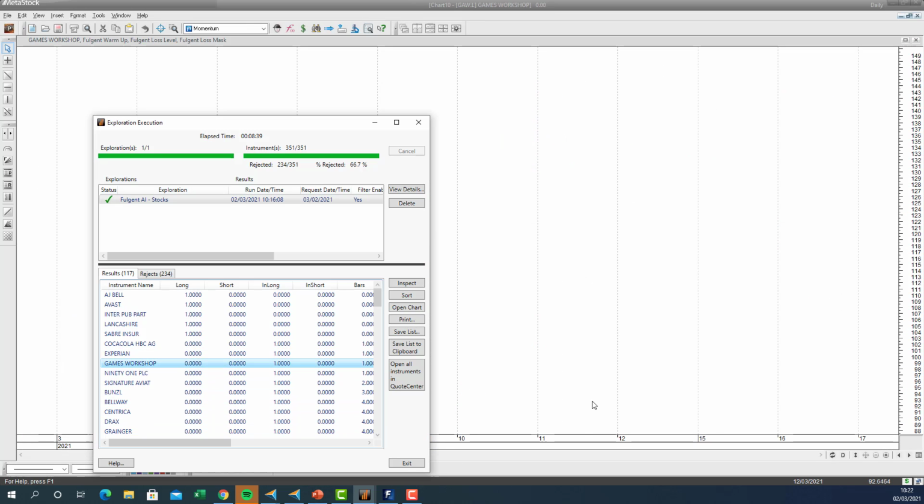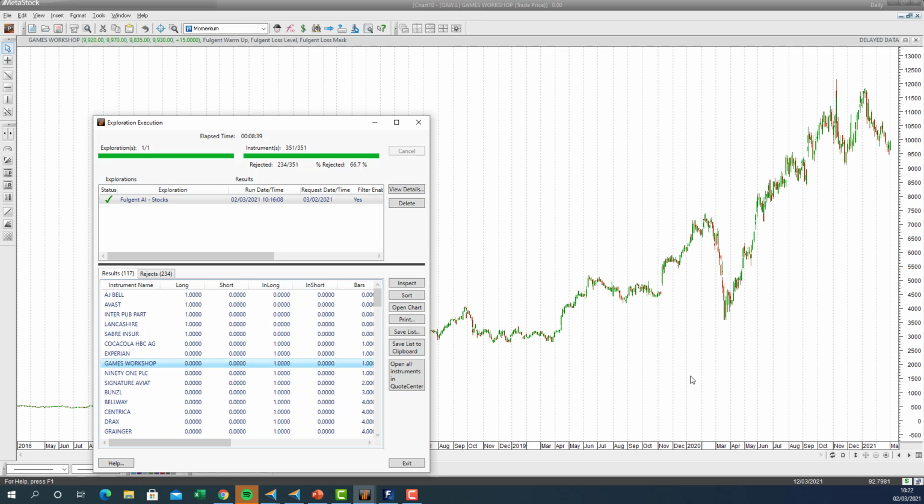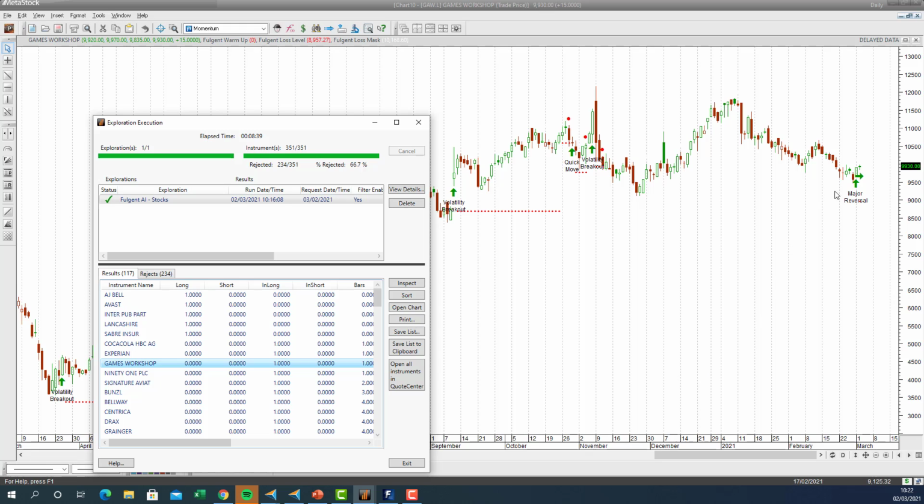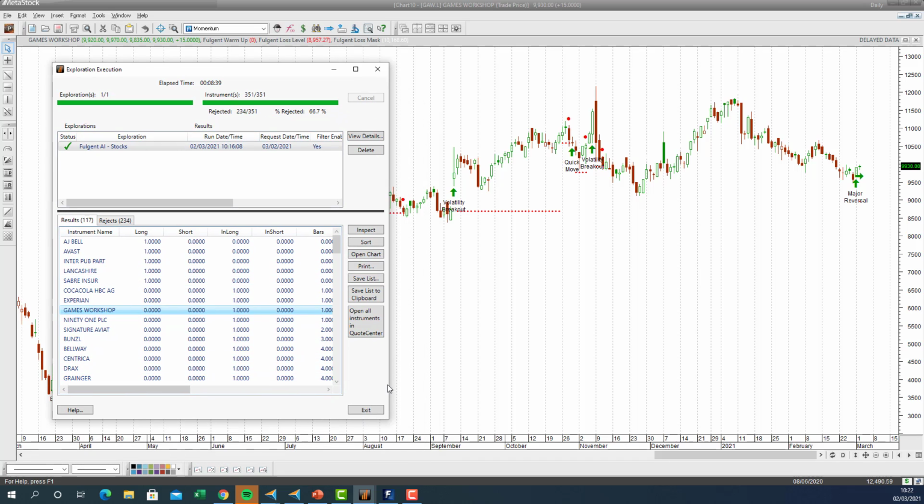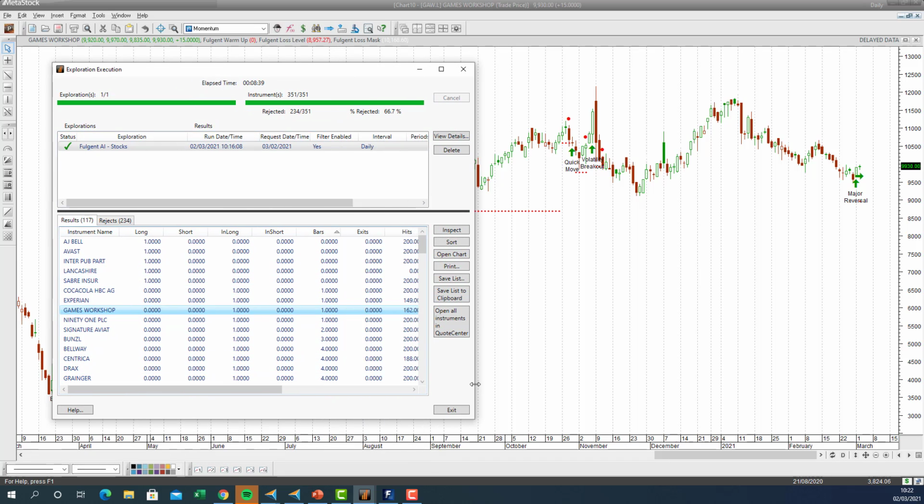Games Workshop. Major reversal expected there. So this is just how you go through the list, run the scan, find the top ones. These are fresh trades, and I'm going to go through some of the older ones in the list and some of the more familiar stocks.